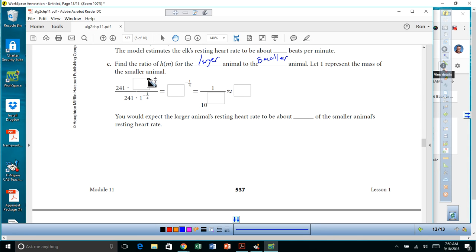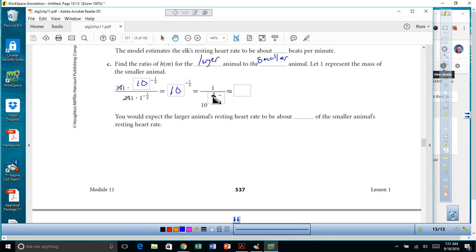Okay, so you have 241 times 10 to the negative 1/4. Well, the 241s cancel out, so you got basically 10 over 1. 10 divided by 1 is just 10, so 10 to the negative 1/4.